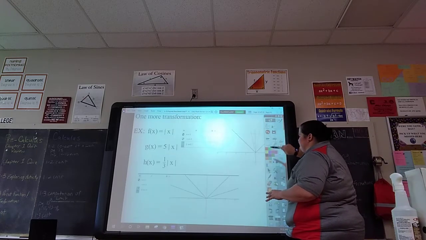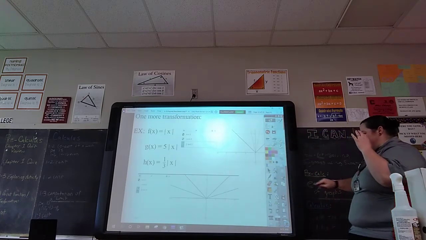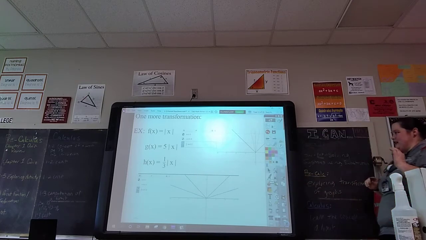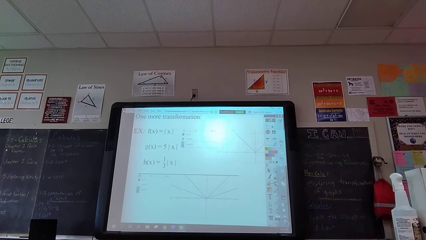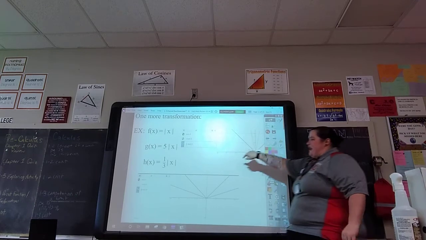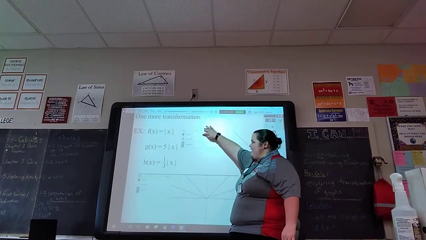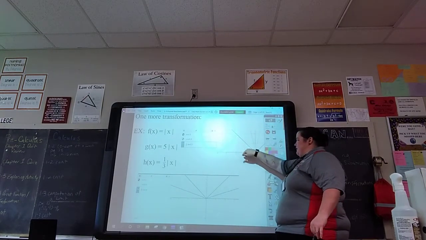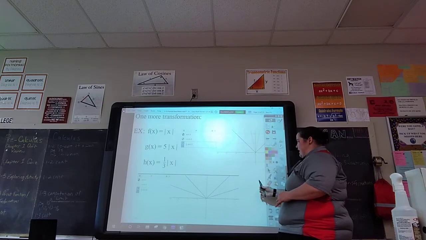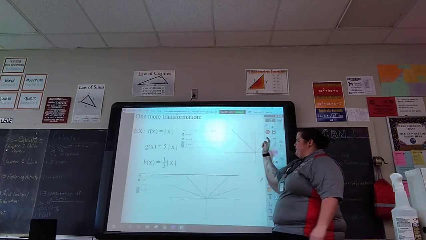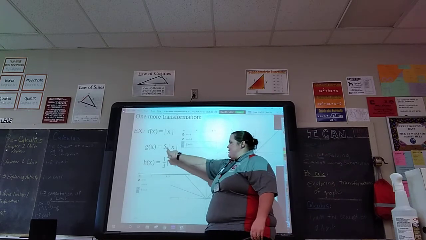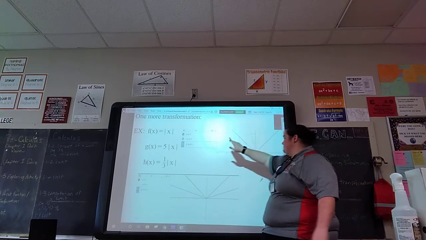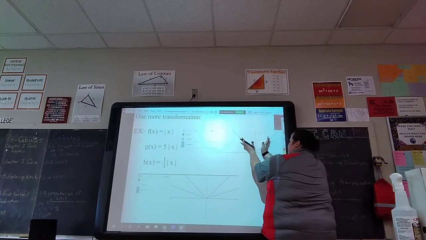What I did here, I tried to pre-snip it so I don't have to keep going back and forth between decimals. So with this first snip I have here, I listed all of them. The black curve is the original absolute value V shape. And then what I did with the red curve is I put a 5 in front of the absolute value. So this is the original, and then this is with 5 in it. What happened?